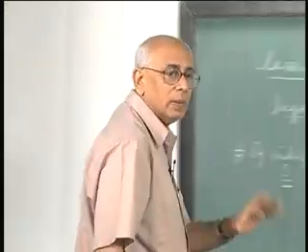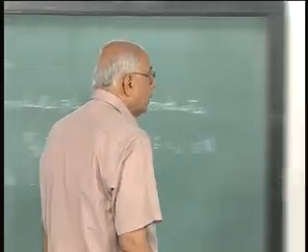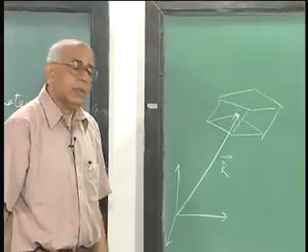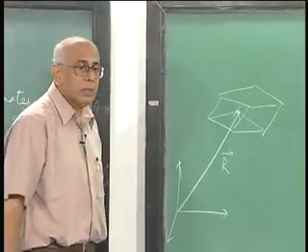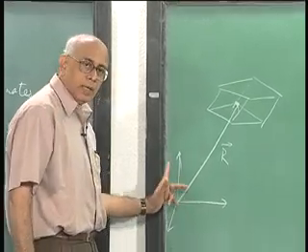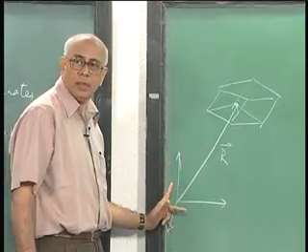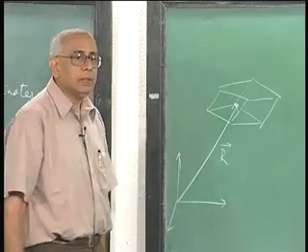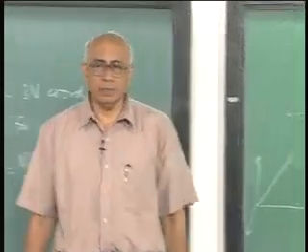There are 3 more degrees of freedom which tell you what the orientation of this object is in space. And how do you tell what that is? There are several ways of doing this, but a simple way is the following. Here is my fixed coordinate axis in space. Associate with the body a body-fixed coordinate system.